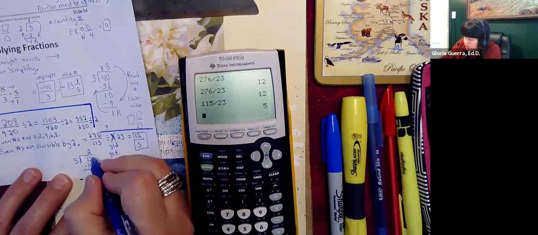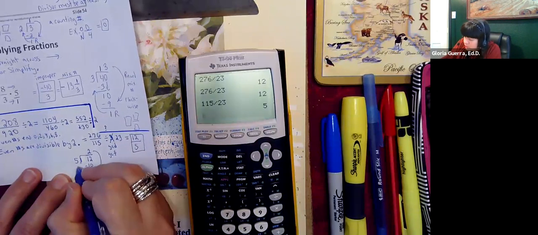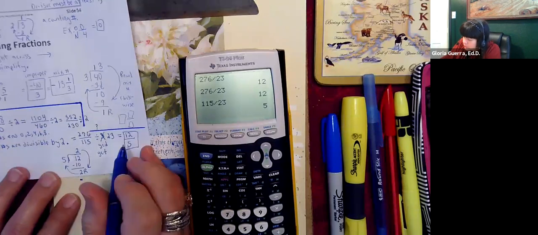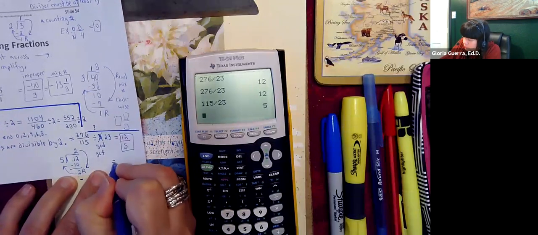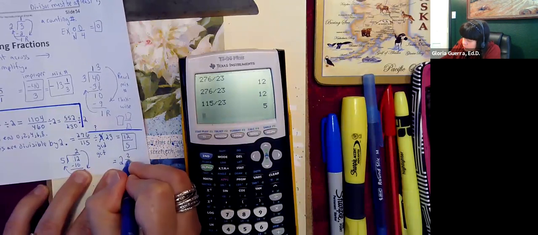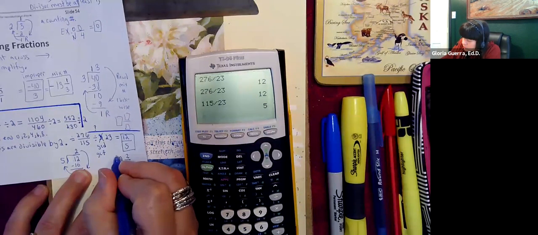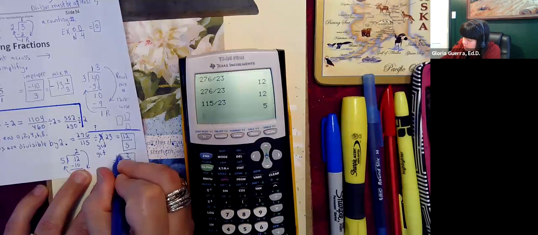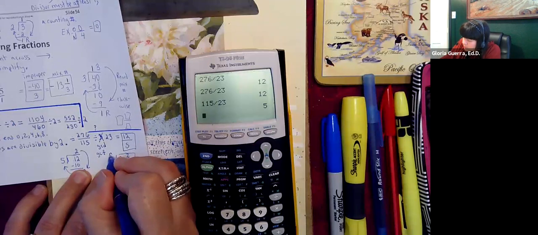And then it goes clockwise like this. So this is equal to 2 and 2/5. So that would be the mixed number.